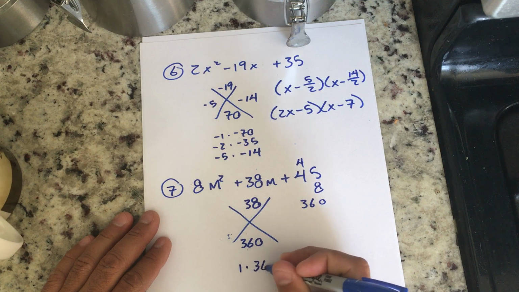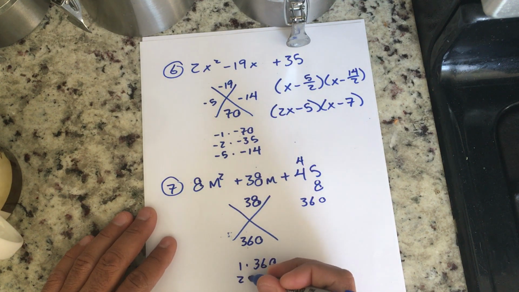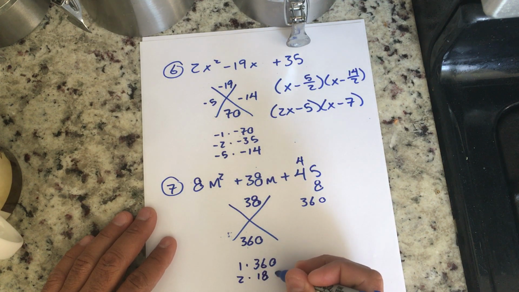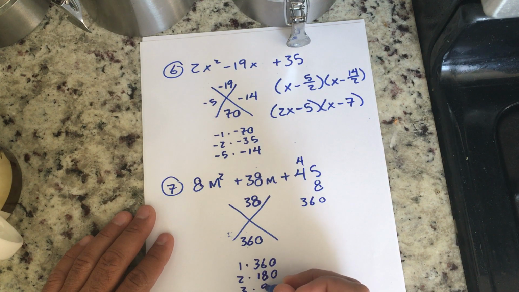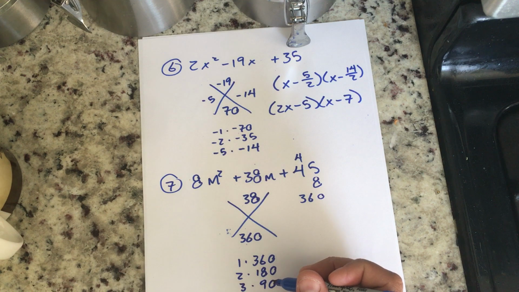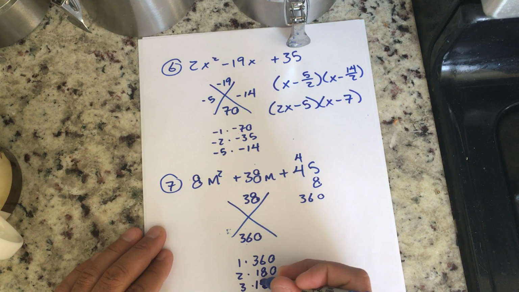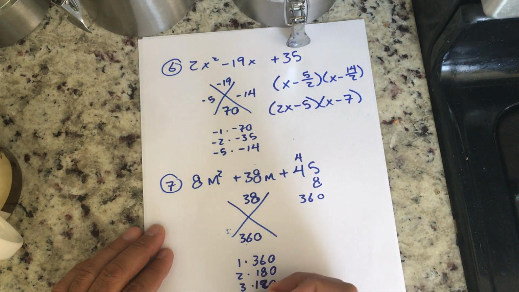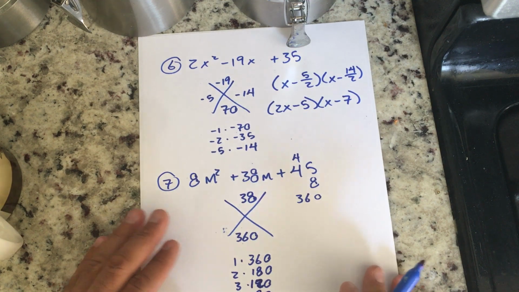1 times 360, that's not gonna do it. 2 times 180, that's not gonna do it. 3 times 120, that's not right. 4 times 90, that's not going to add together right.